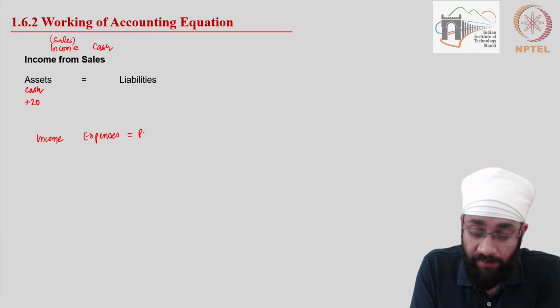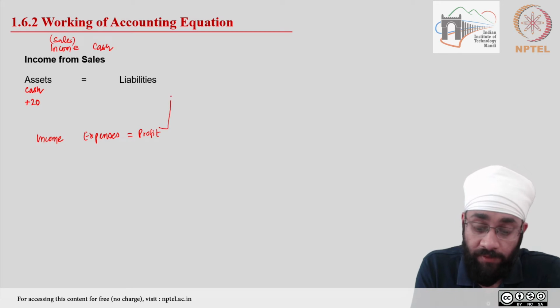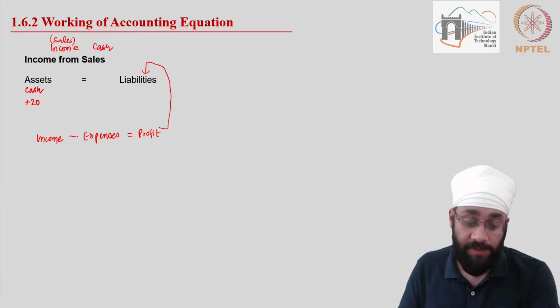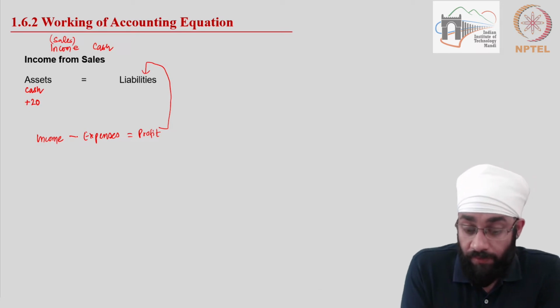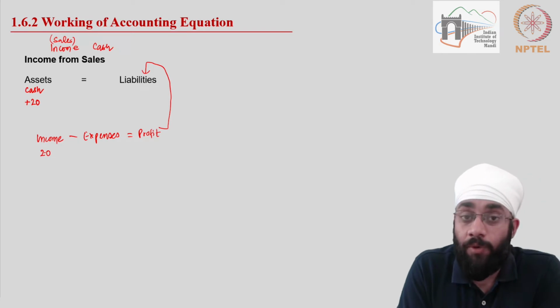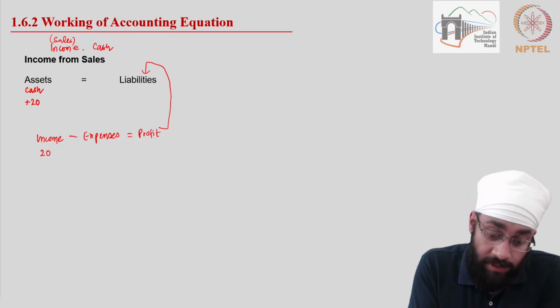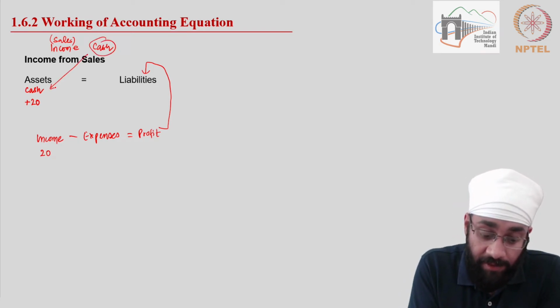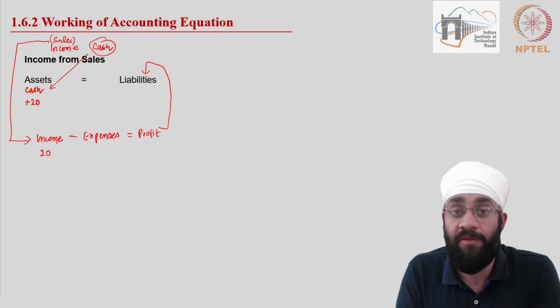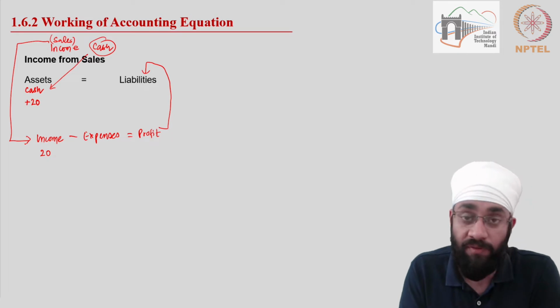And then you're going to have profit, and profit is going to feed into the liabilities as discussed earlier. Income minus expenses. So from this transaction, you have a new income of 20. So this cash is getting reflected here. However, this income is going to reflect in the other equation, which is the profit equation.